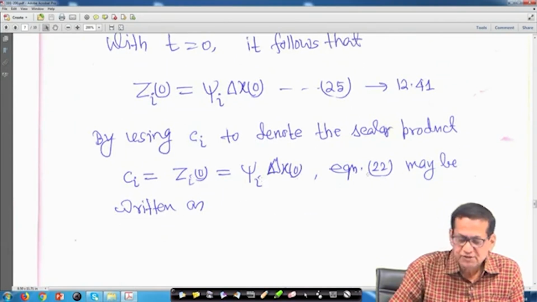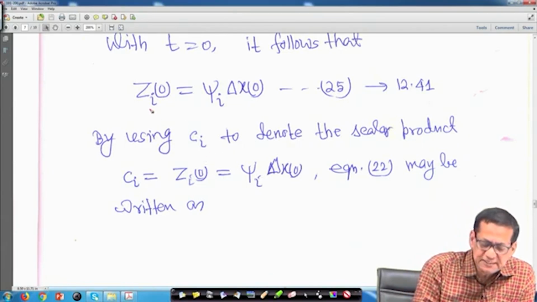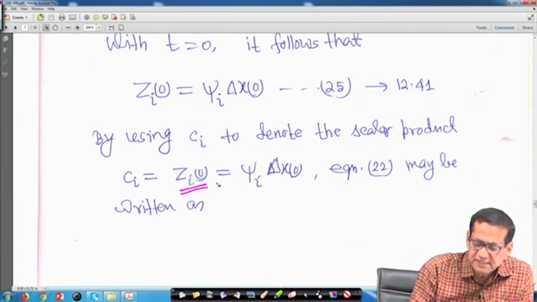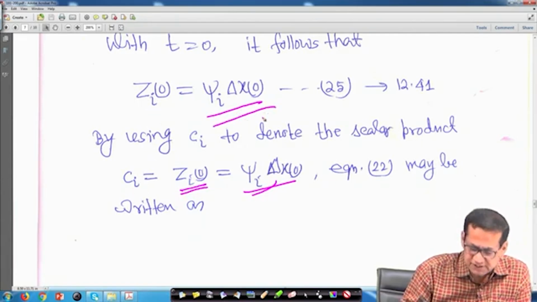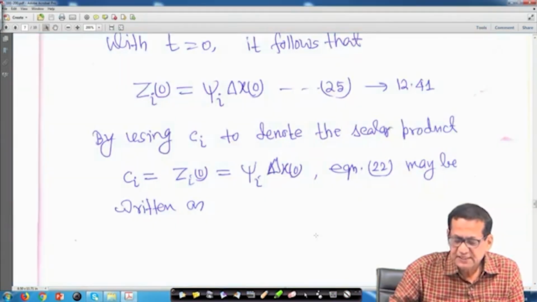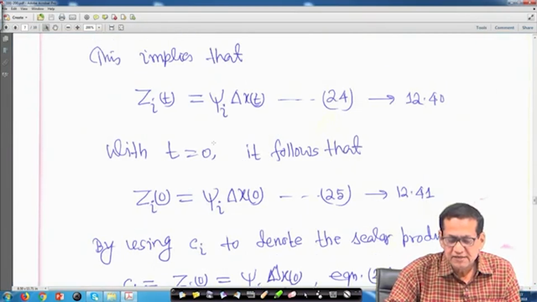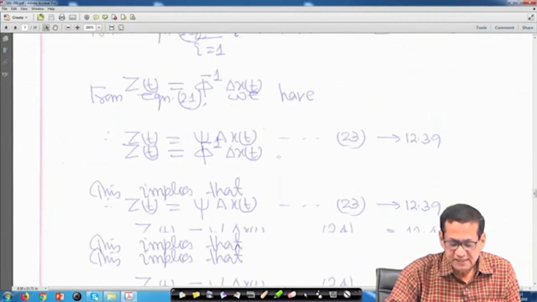Then equation 22 may be written as follows.